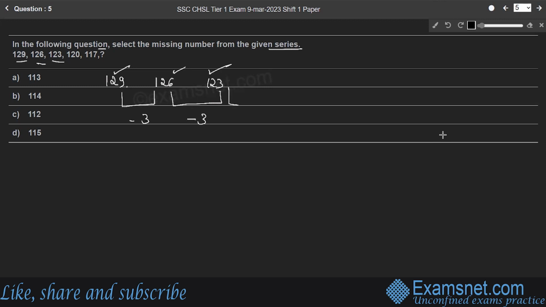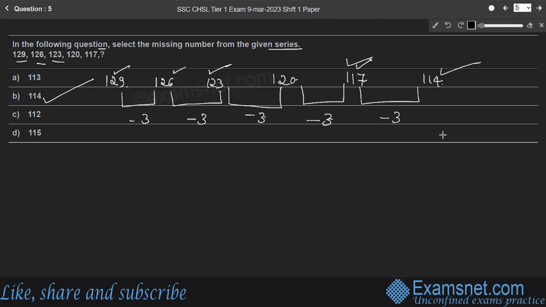The next number is 120, so 123 minus 3 is 120. And 117, so 120 minus 3 gives 117. Therefore, the last number should be 117 minus 3, which gives 114. Therefore, the answer is option B, 114.